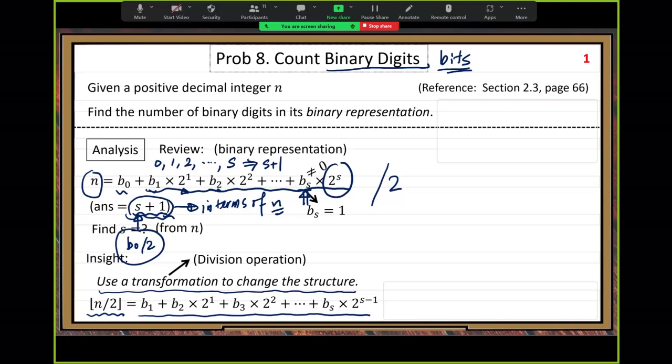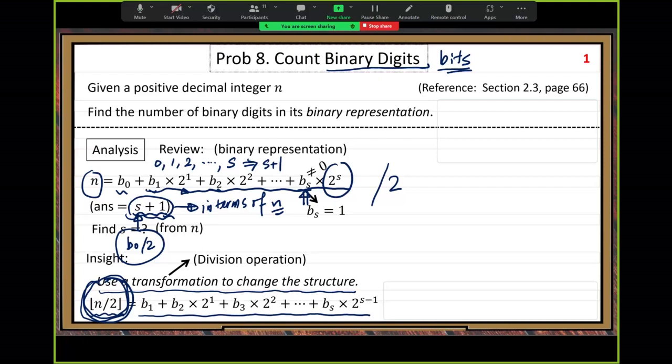All right, let's look at the left-hand side. That's our current problem size, right? If you look at the left-hand side, we want to represent this integer. It's still a positive integer.